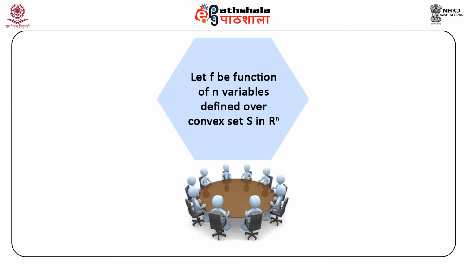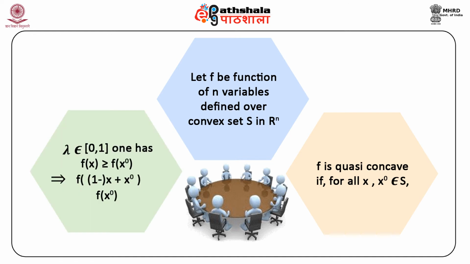Theorem. Let f be a function of n variables defined over a convex set S in R^n space. f is quasi-concave if and only if, for all x belonging to S and all lambda belonging to (0, 1), f(x) greater than or equal to f(x0) implies the inequality.